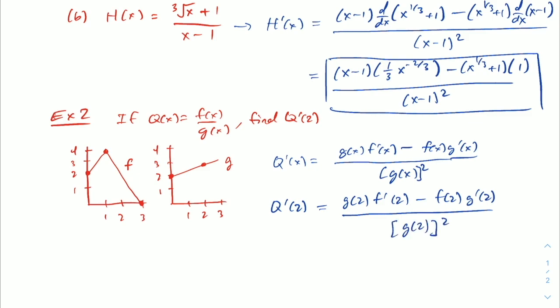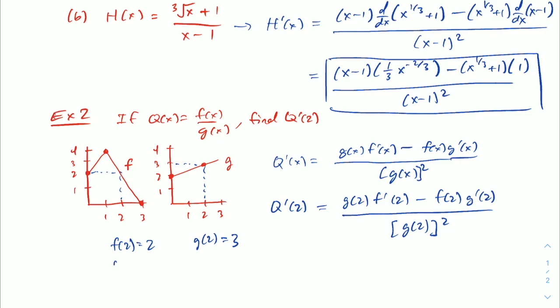So we'll first figure out g of 2 and f of 2. So f of 2 is 2. The output at 2 is 2. And g of 2 is 3.